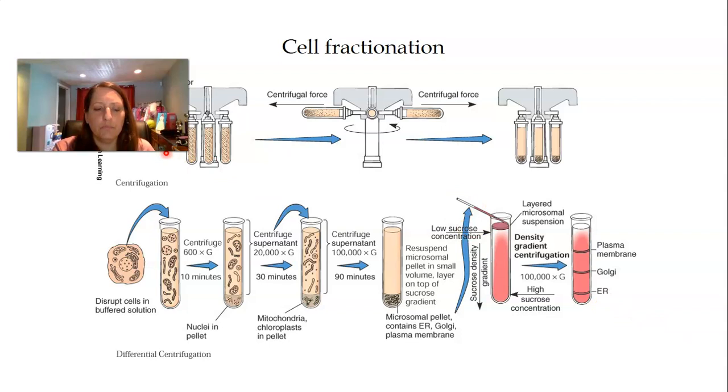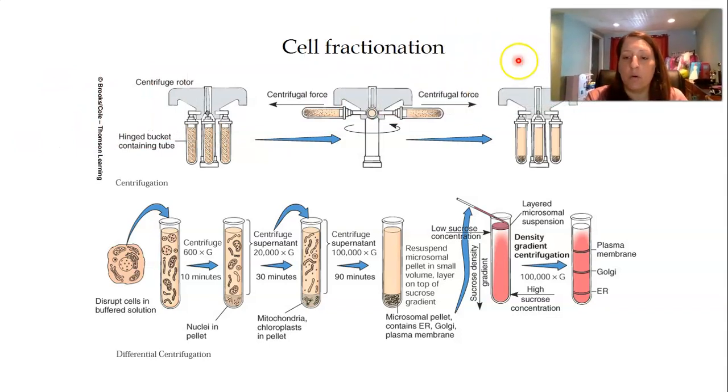Okay. Now microscopy is great. It tells us where things are in a cell, or it tells us what the surface of an organism looks like. But it doesn't tell us much about the biochemistry, or what's happening, what reactions are taking place, in which locations. Okay?